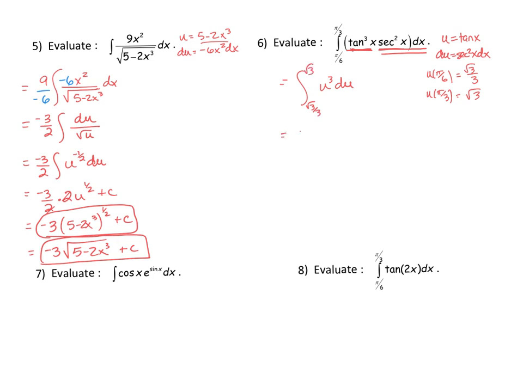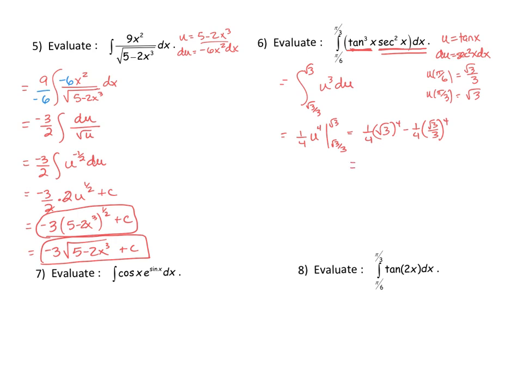We take the antiderivative, it's 1/4 u to the 4th. We go from radical 3 over 3 to radical 3, and then we plug it in. 1/4 times radical 3 to the 4th minus 1/4 times radical 3 over 3 to the fourth.